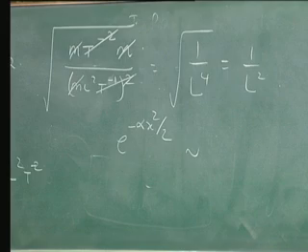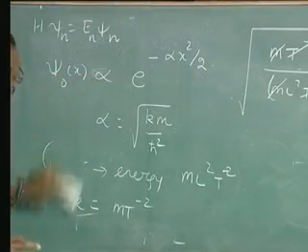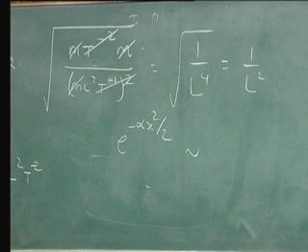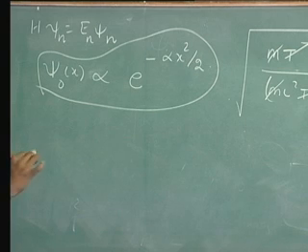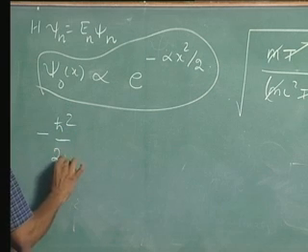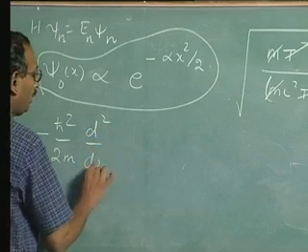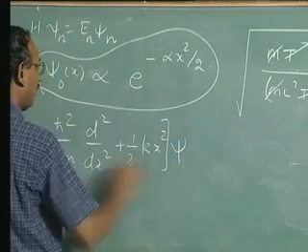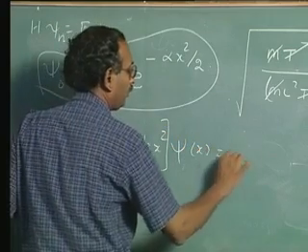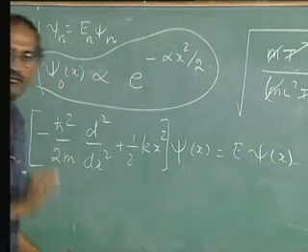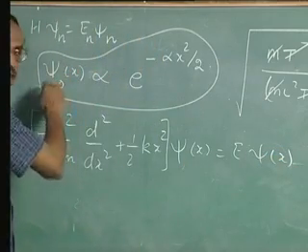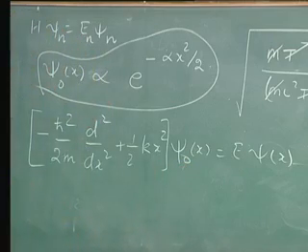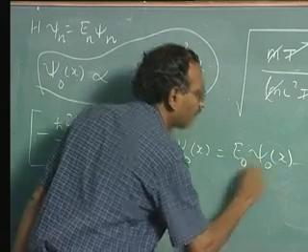We do not know how to derive this. At least I am not going to tell you how to get this solution. So the only thing that you can do immediately is to see whether this solution, when you substitute in the differential equation, minus h bar square by 2m d square by dx square plus half kx square times psi of x is equal to E psi of x, gives you, when you substitute this psi naught, the value E naught psi naught of x.